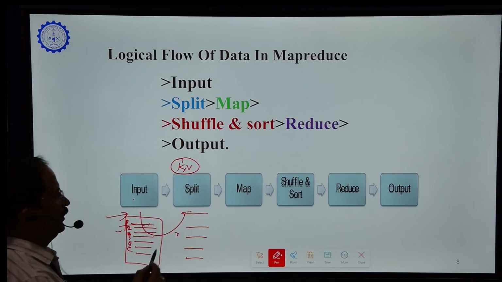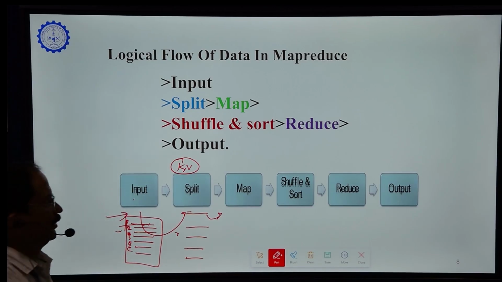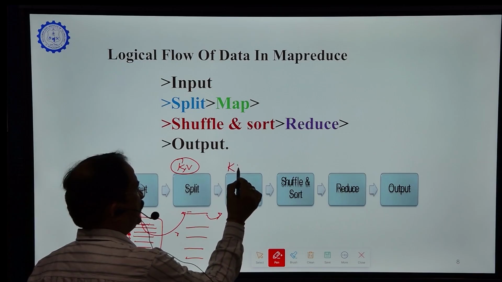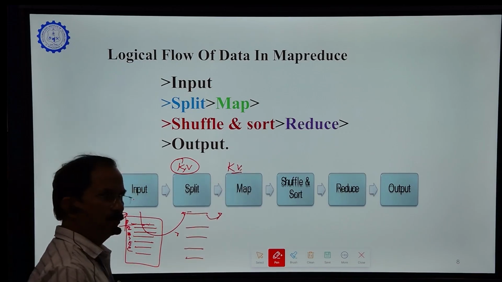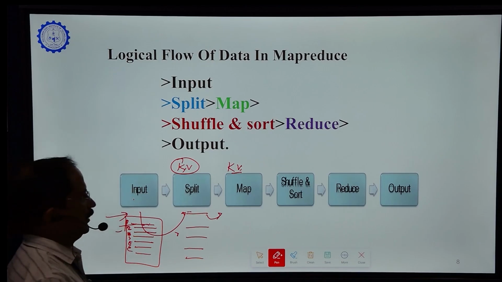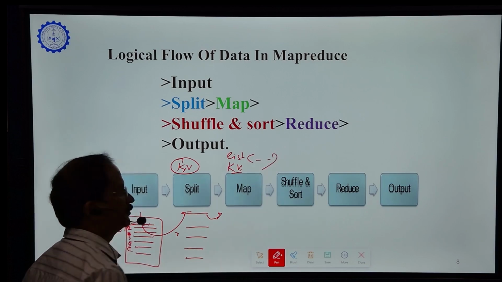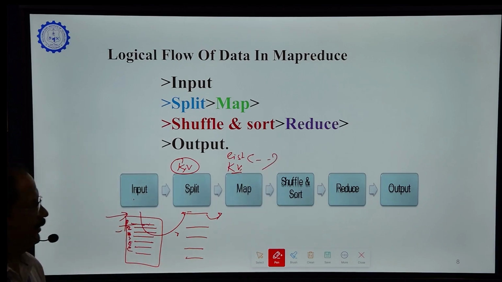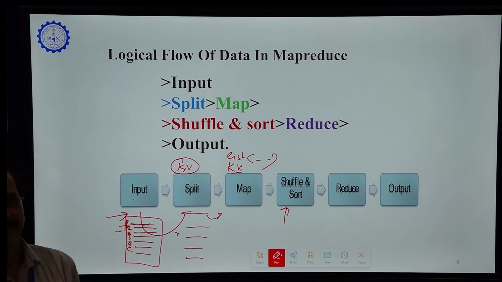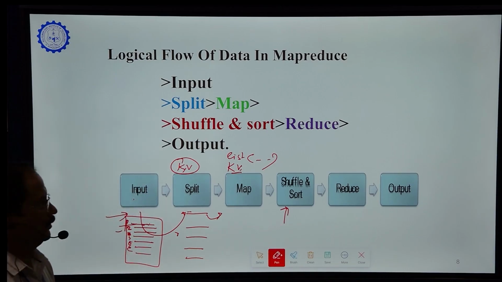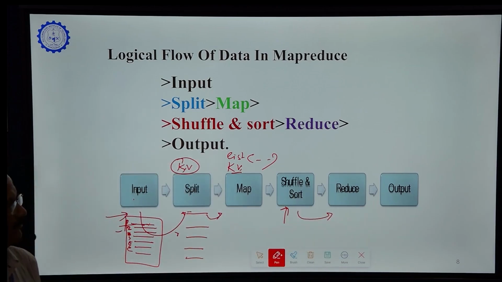Now it breaks into tokens. Again it breaks up into key value pair tokens. Then whatever tokens are generated, it creates a list of these tokens, and then it shuffles and sorts those tokens. These are converted as a reduce.